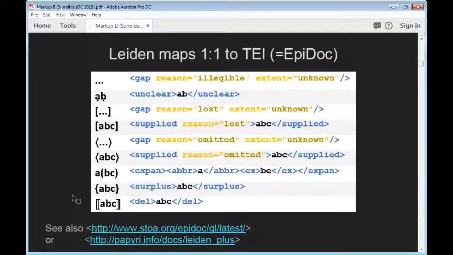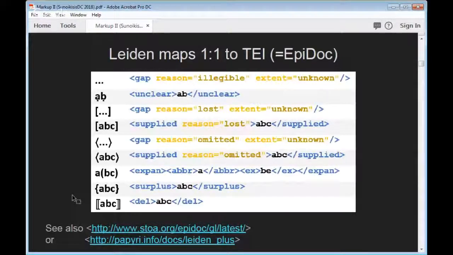encodings. So you see the one we started with again, the square brackets around some characters. Instead of using square brackets, as in Leiden, EpiDoc uses this element called supplied with an attribute reason with a value of lost. And this unambiguously says that these are characters which the editor has restored because they are entirely lost from the support originally, but they were there originally.